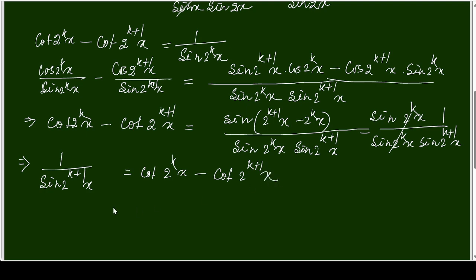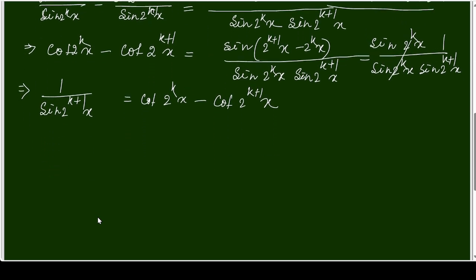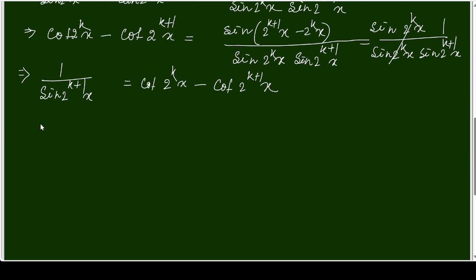So we got the formula for the series. As I told you, for a telescopic sum you need a formula for the kth term. So next, coming to k equal to 0.